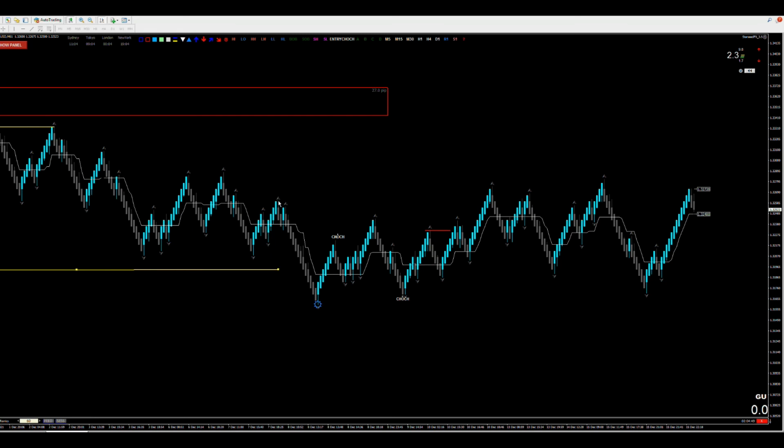We have this initial lower high here in this area. Price came to the 786. It broke it with this first higher high, so these don't count. This is the one that broke it. That's one. We came back down, and then we came up.